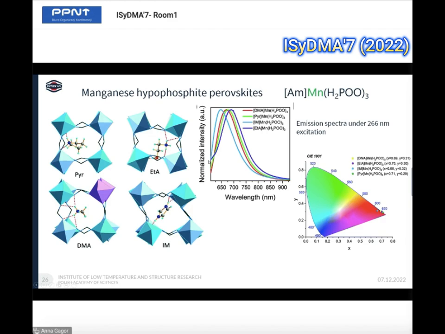So by changing the amine, we can tune the color of the photoluminescence, but actually all of them have a red or orange color of the photoluminescence.